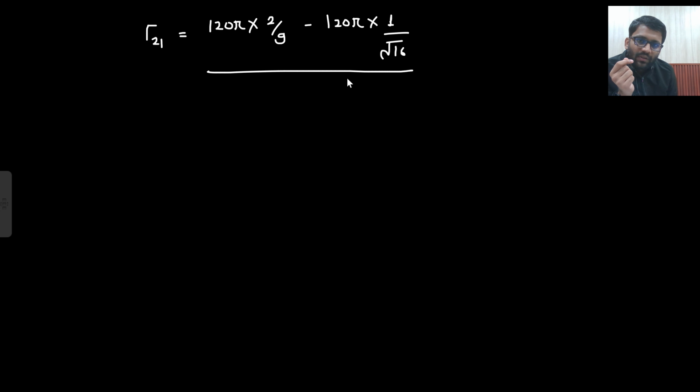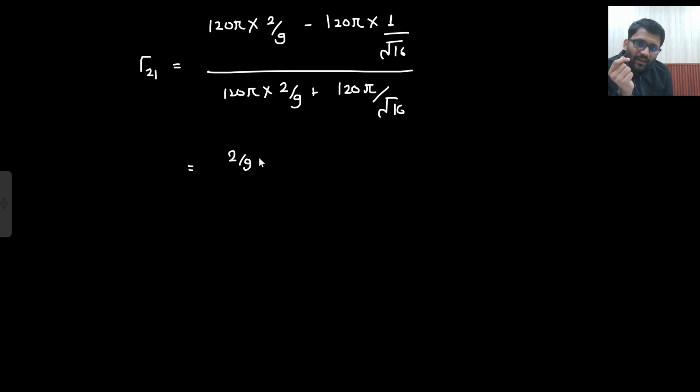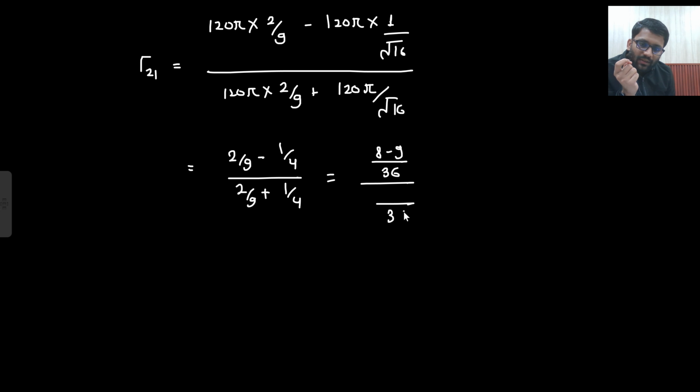That would be 120 pi into 2 by 9 plus 120 pi divided by under root 16. What you are getting? 2 by 9 minus 1 by 4 divided by 2 by 9 plus 1 by 4. This is 36. 8 minus 9 divided by 36, 8 plus 9. What you are getting? Minus 1 by 17 again.